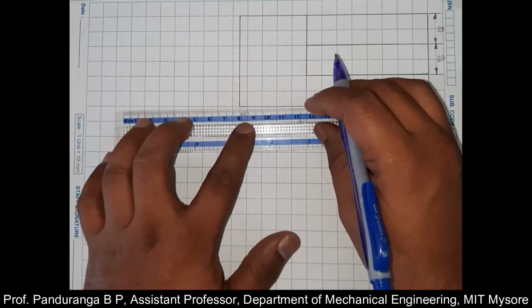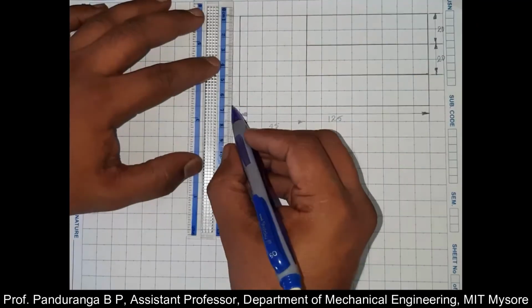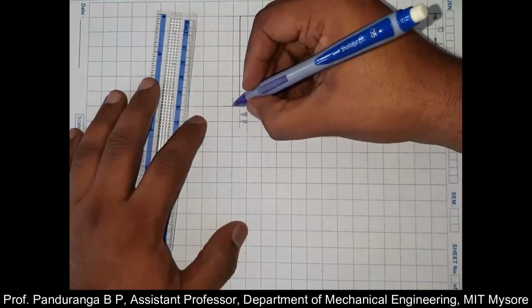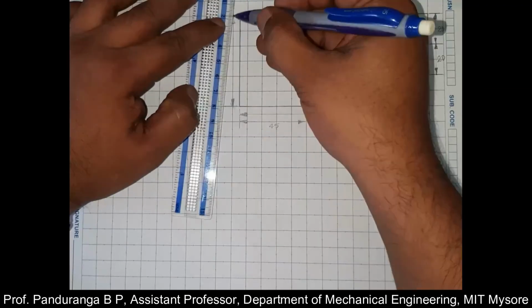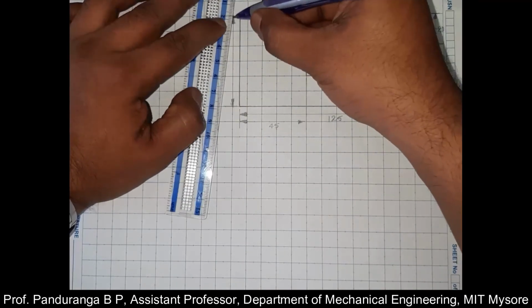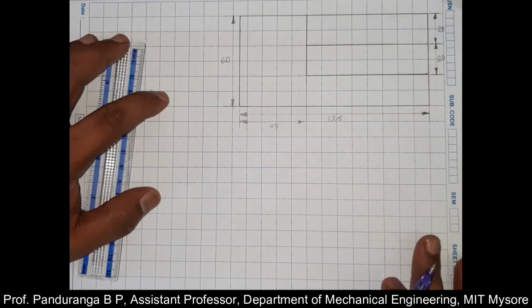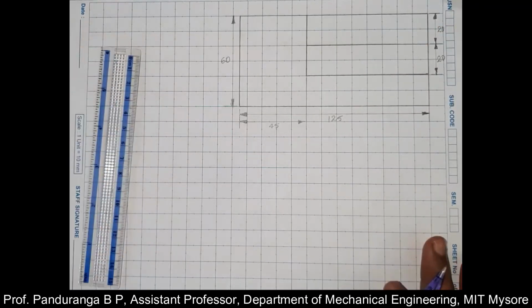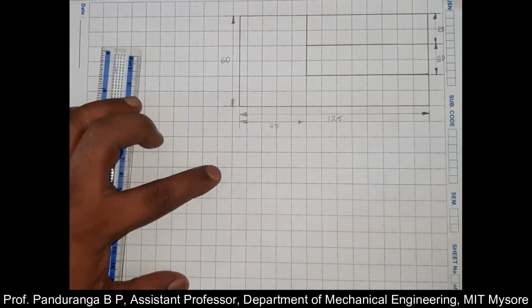The overall height is 60 millimeter. I'll show that here. Although this will also be 20, that will be a redundant dimension, so I don't have to show that. Now we have completed the front view. So below this, I'll write front view.